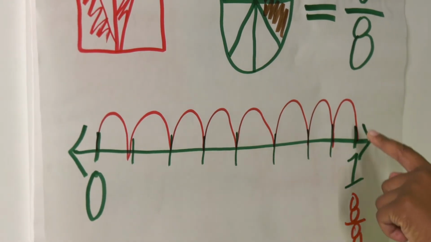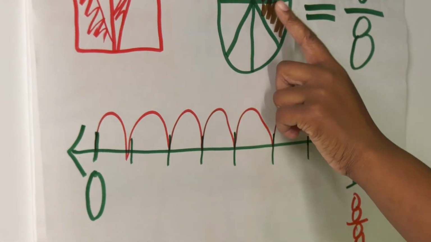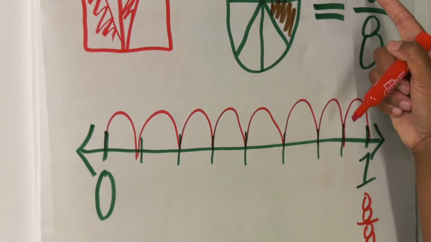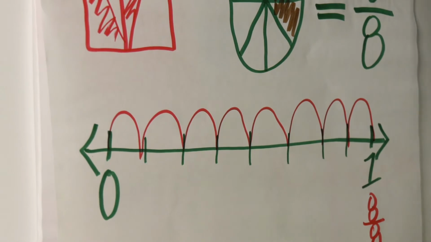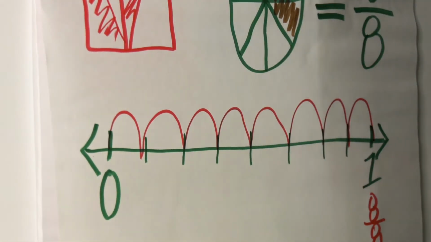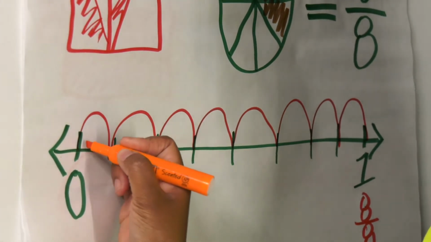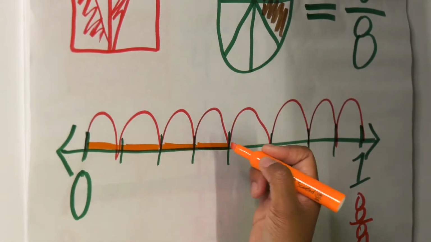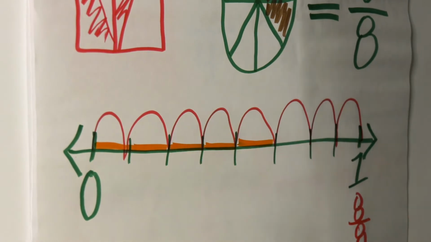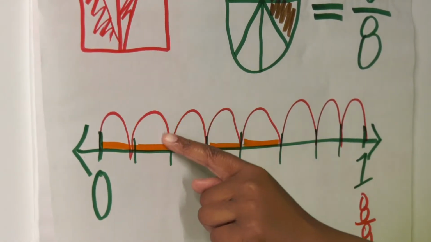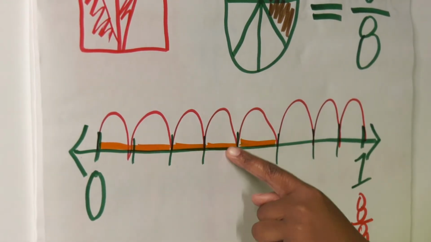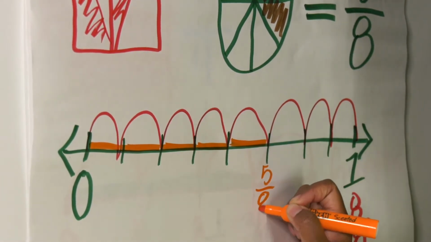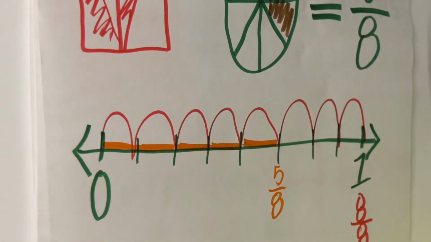Now if I wanted to model this example with my circle that is in eighths, you would see 5/8 shaded. So 1, 2, 3, 4, 5 out of 8. You can also write that on your number line.